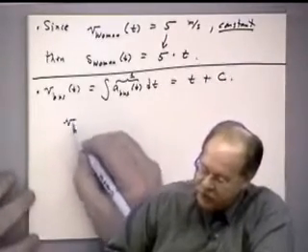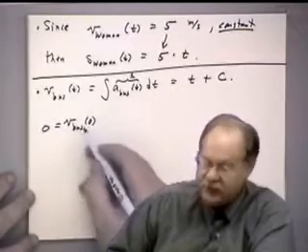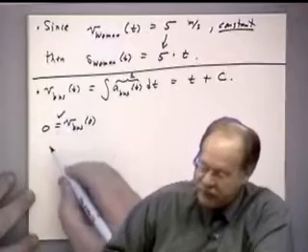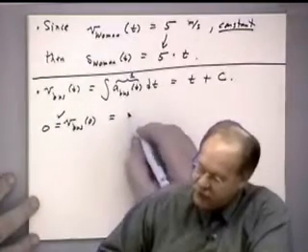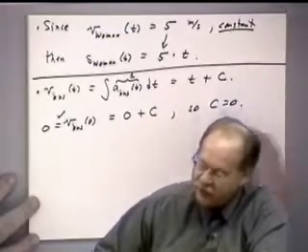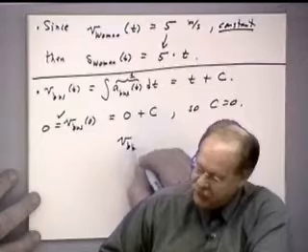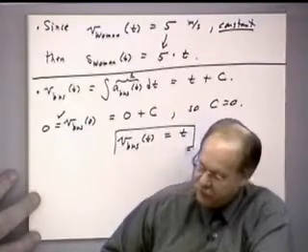We know that the velocity of the bus at time t equals 0 is 0, because the bus is not moving at that time. When 0 is put in for t, we have 0 plus c, so c is equal to 0. Well, that's easy. Then the velocity of the bus at any time t is just equal to t.